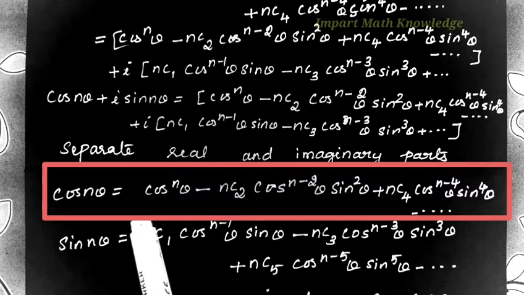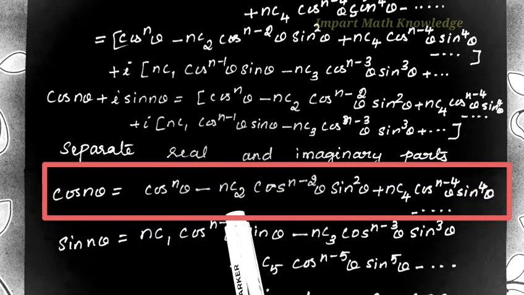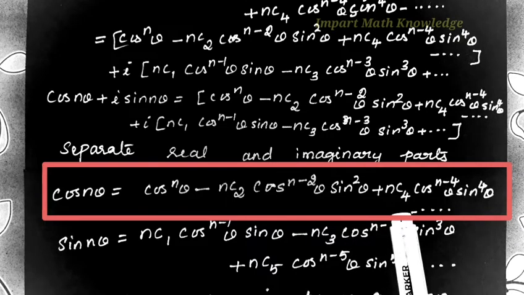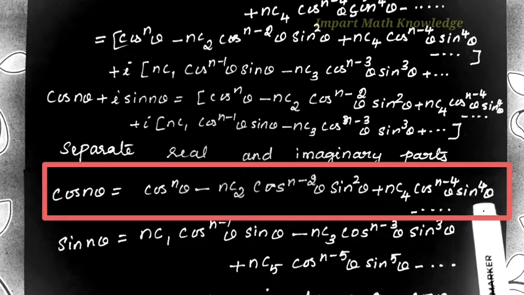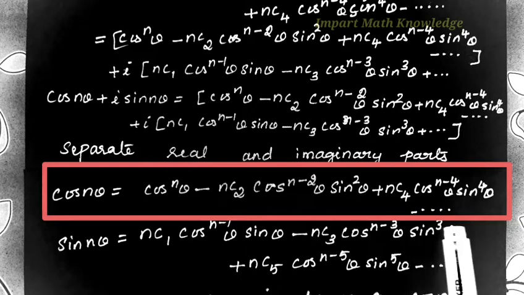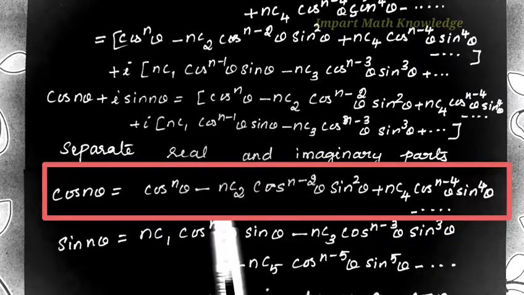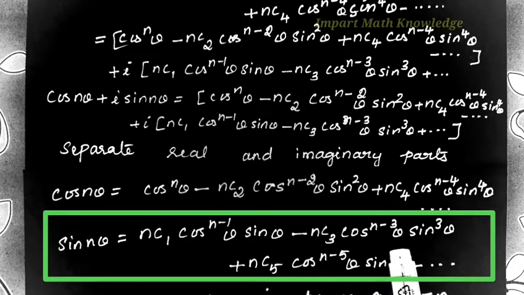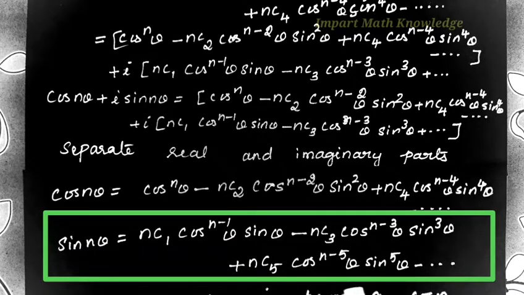So cos nθ is equal to cos^n θ − nC2 cos^(n−2)θ sin²θ + nC4 cos^(n−4)θ sin⁴θ − etc. Here you are getting even terms. Imaginary part is sin nθ. So sin nθ is equal to nC1 cos^(n−1)θ sin θ − nC3 cos^(n−3)θ sin³θ + nC5 cos^(n−5)θ sin⁵θ − etc.